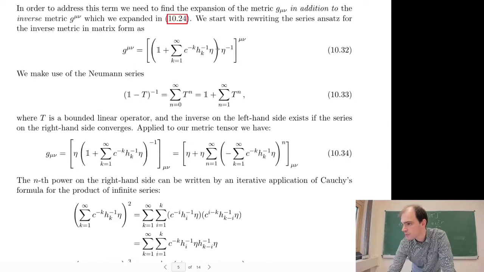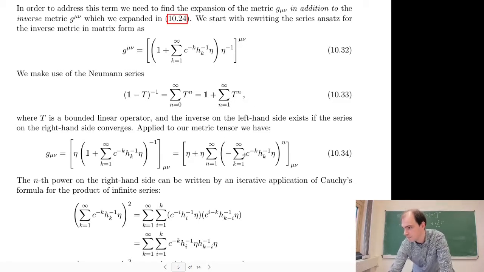So you see we took the eta to the -1 out here of this Neumann series and just write its inverse directly as this eta. And then we have this sum over n that comes from the Neumann series, and our terms Tn are actually this sum expression from our metric expression, or this sum to the power n. So this is our t to the power n.